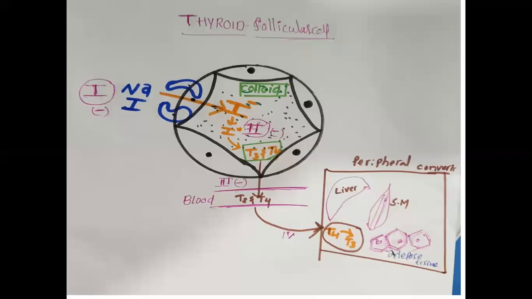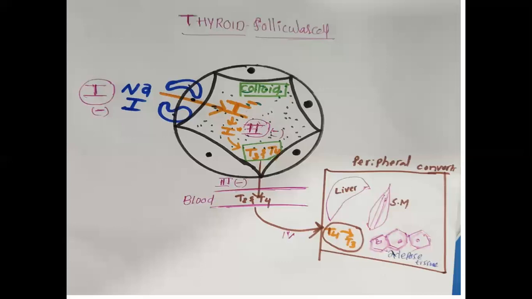This is called organification. After formation of MIT and DIT, these will couple again. That means monoiodothyronine and diiodothyronine will couple among themselves.